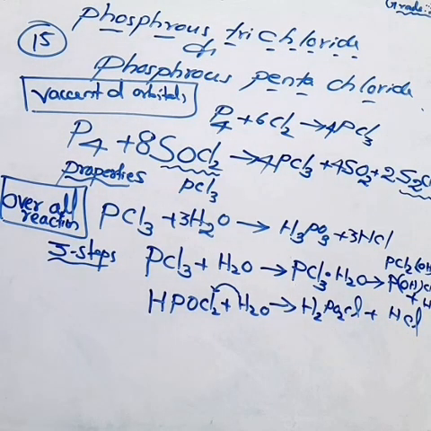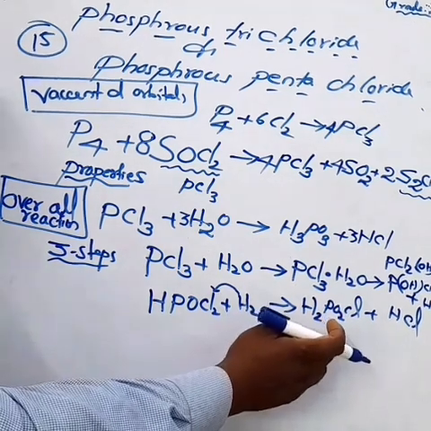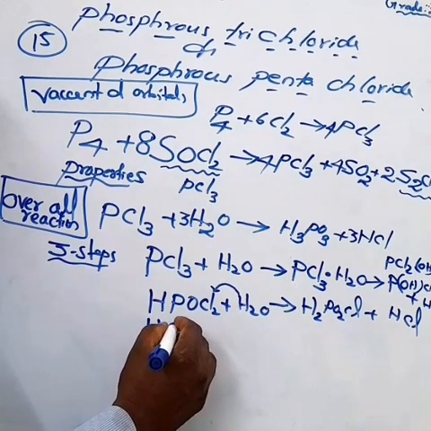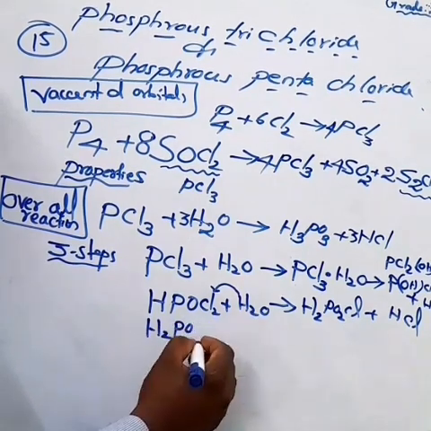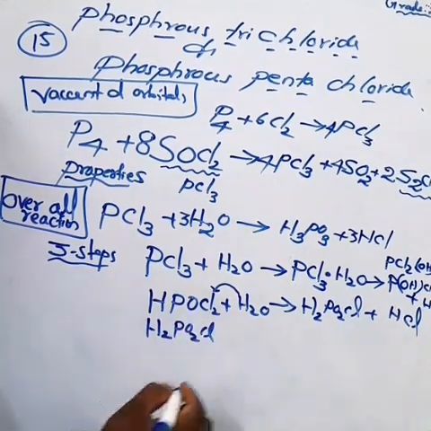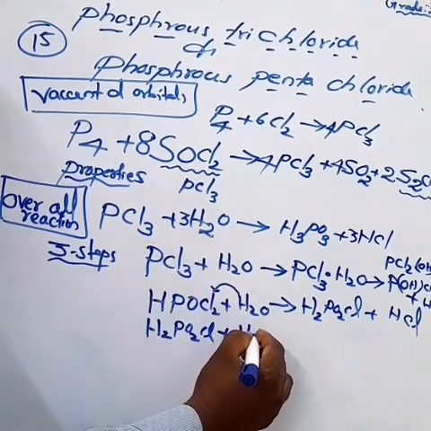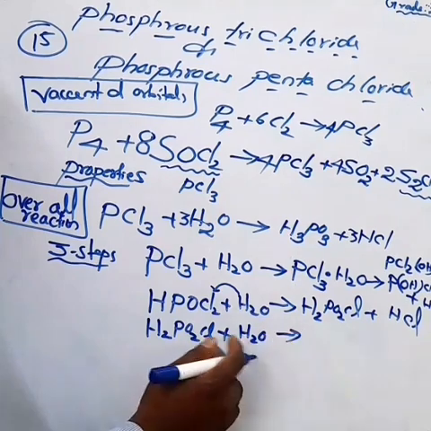Next, this phosphorus compound again reacts with the third water molecule. Here the water's H combines with the Cl to give HCl. What is the remaining product?